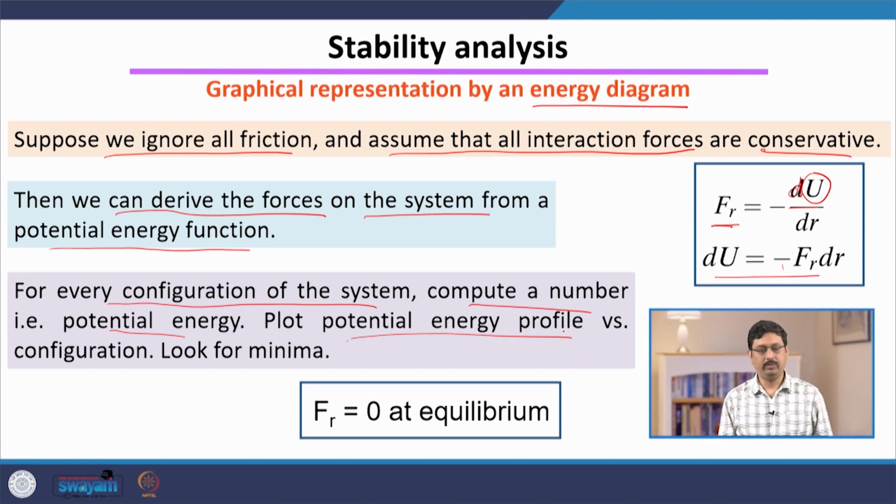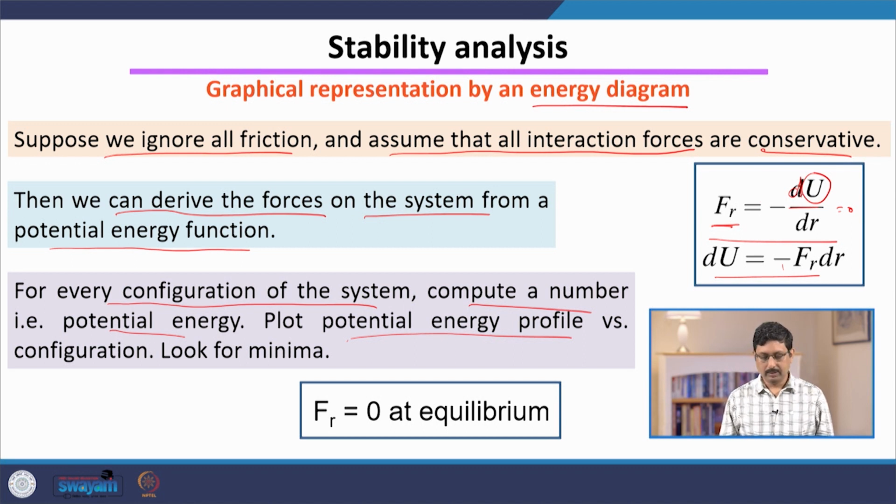and then we have a plot of the potential energy profile for different configurations. Then, if the total force is 0, that is the condition of mechanical equilibrium. So, this basically means that the derivative of this potential is 0.